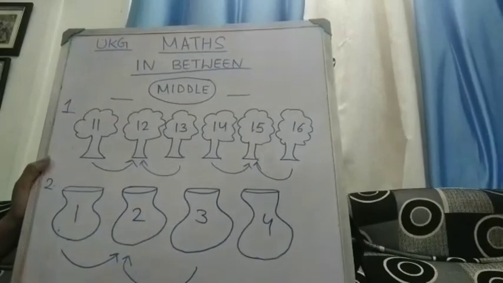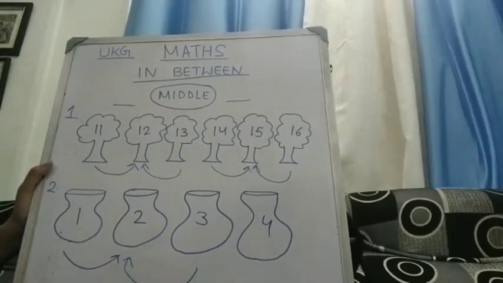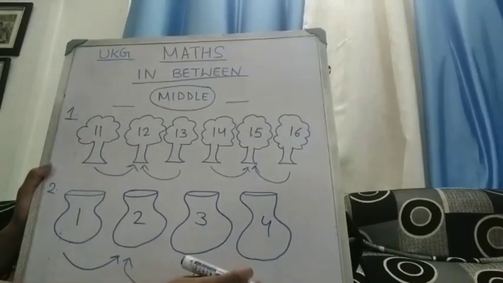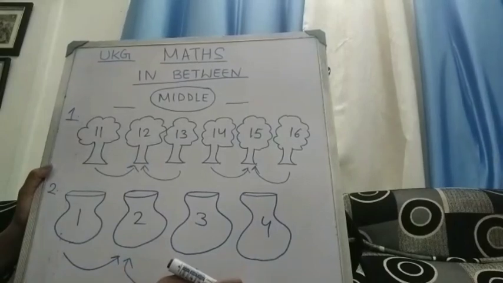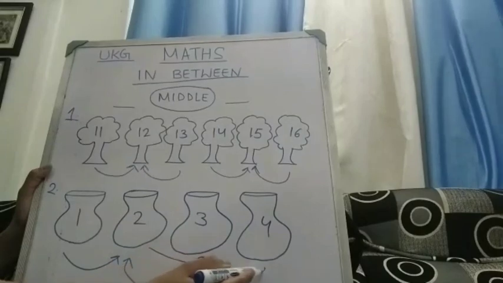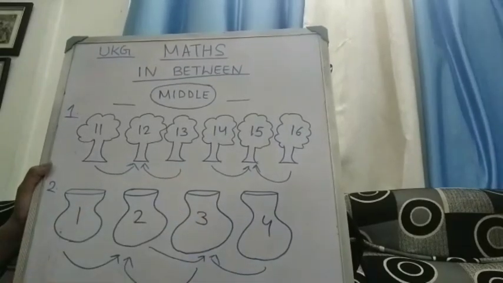Okay? If I ask you, which number comes in between 2 and 4? This is 2 and this is 4. The answer is number 3. Clear?